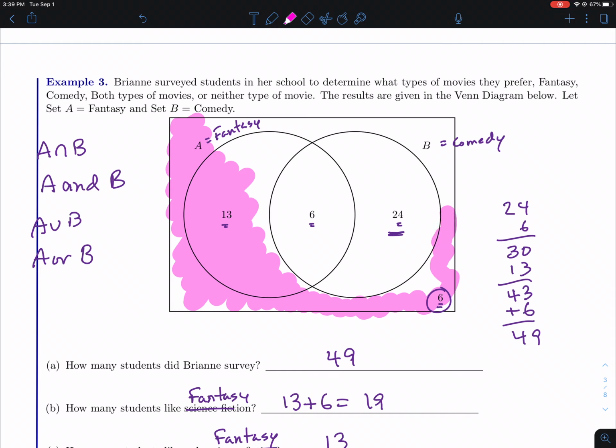We're going to include those 6 on the outside. We just don't want to include anything that's in the comedy section. So we don't want to include this 6, and we don't want to include this 24. The only thing that we get is this 13 that liked fantasy, and the 6 that didn't like either one at all.